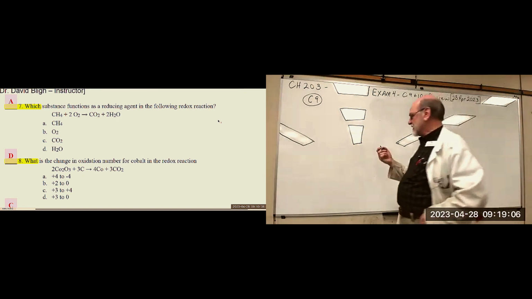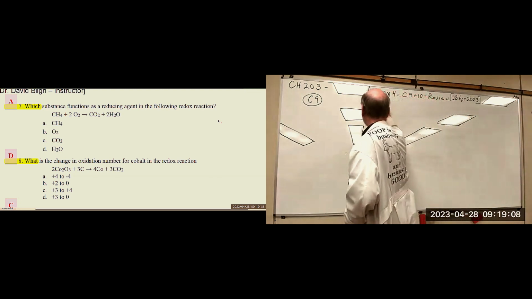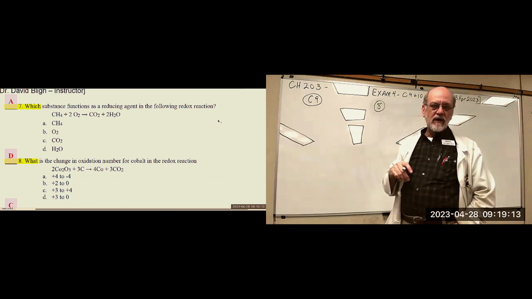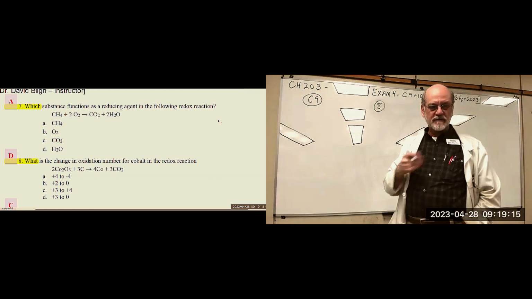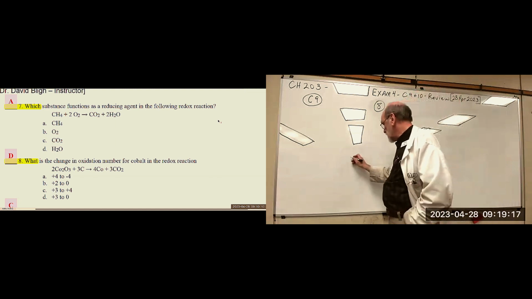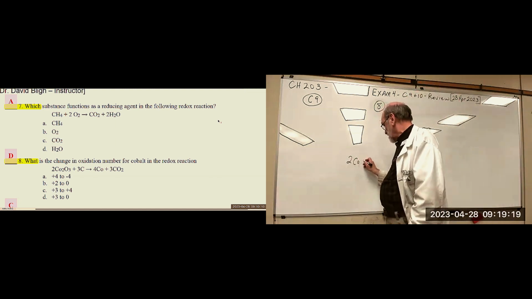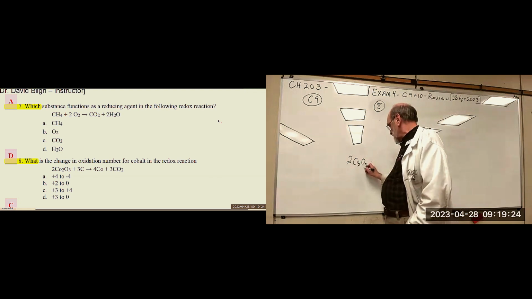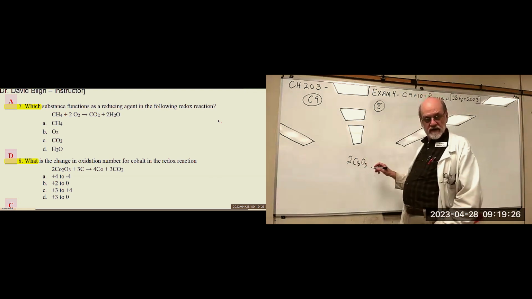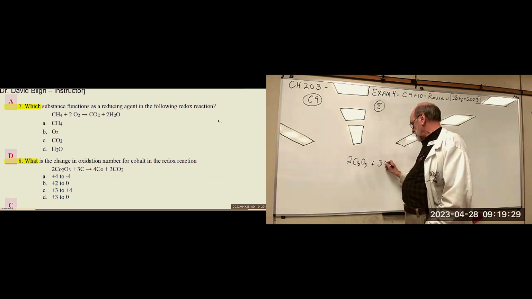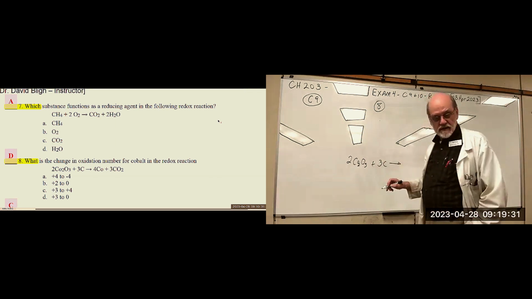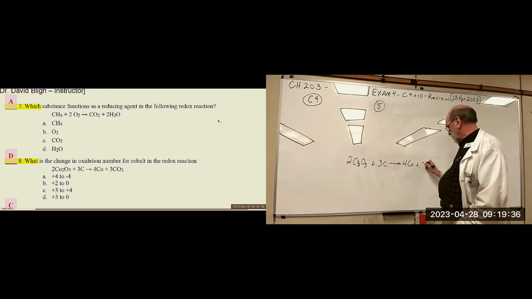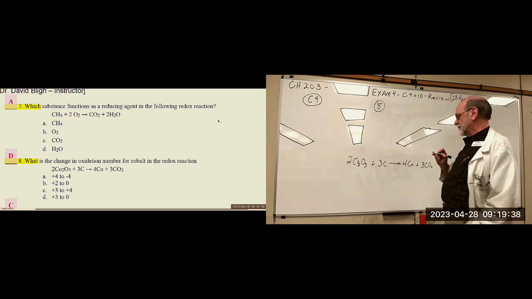Let's look at number 8. What's the change in oxidation number for cobalt in the redox reaction? Okay, so we have 2 Co2O3, and then we have 3 carbons, and then we have 4 cobalts and 3 CO2.